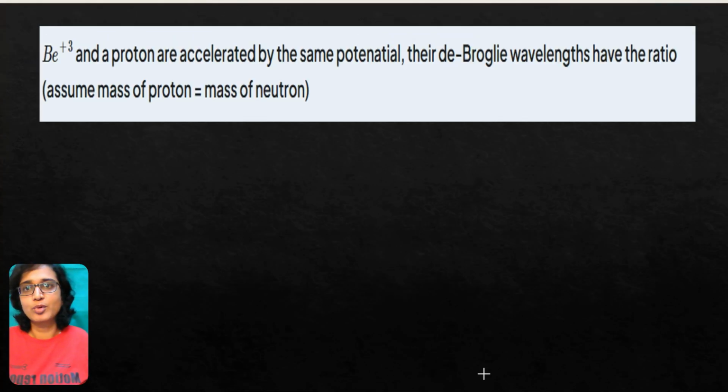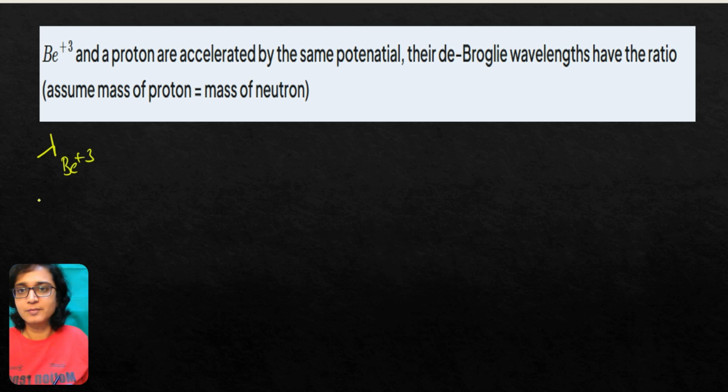Beryllium plus 3 and proton are accelerated by the same potential. V is same. Potential difference is same. Their de Broglie's wavelengths have the ratio. So the ratio of de Broglie's wavelength of beryllium plus 3 and de Broglie's wavelength of proton we have to compare.